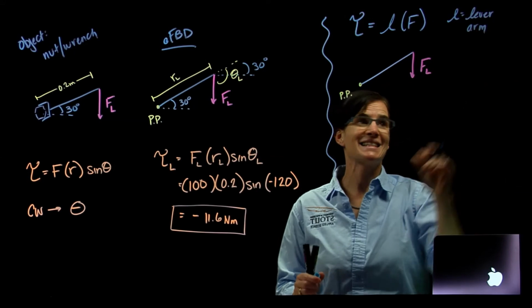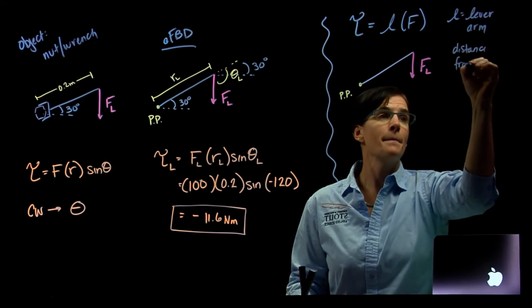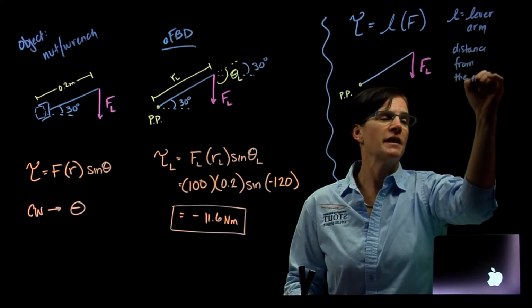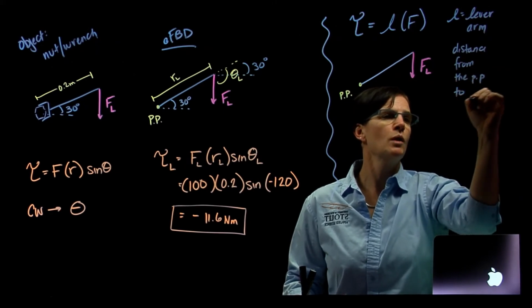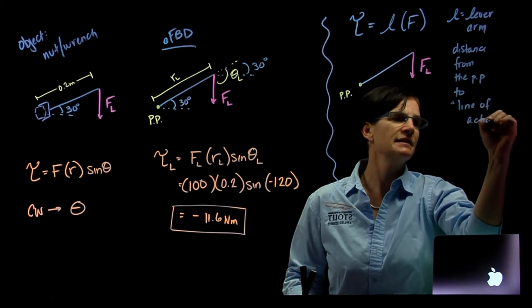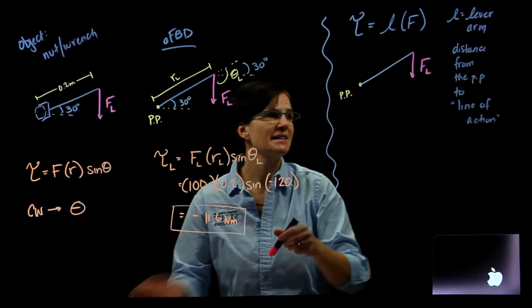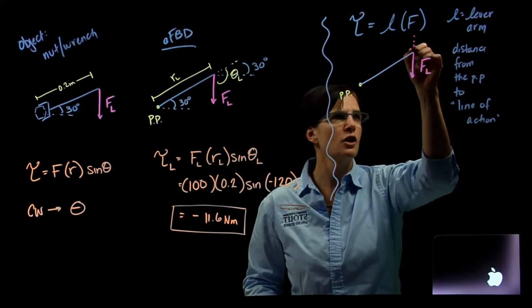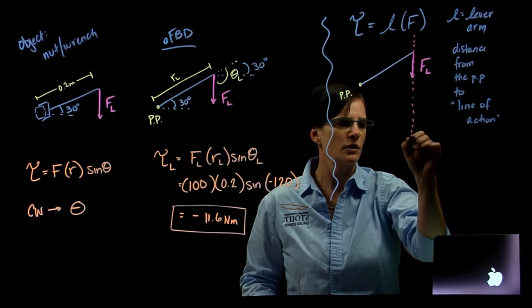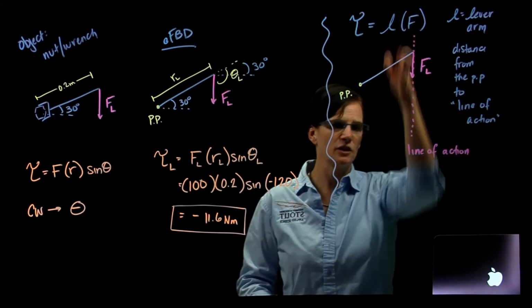It is the distance from the pivot point to what we call the line of action. And the line of action is the line that falls along the force, so as if the force was acting along a single line.